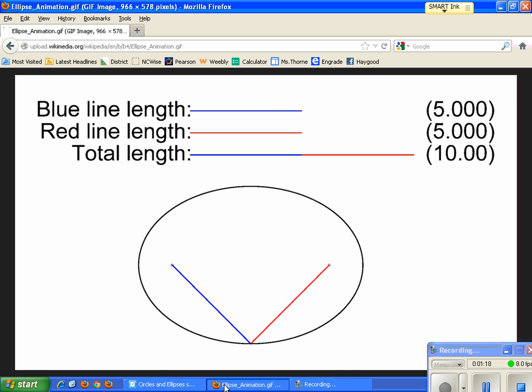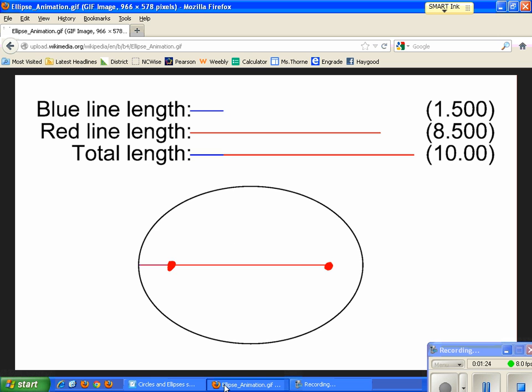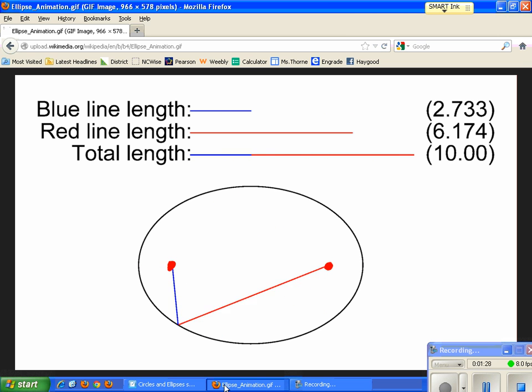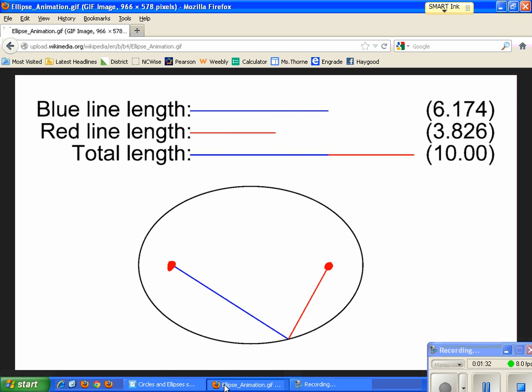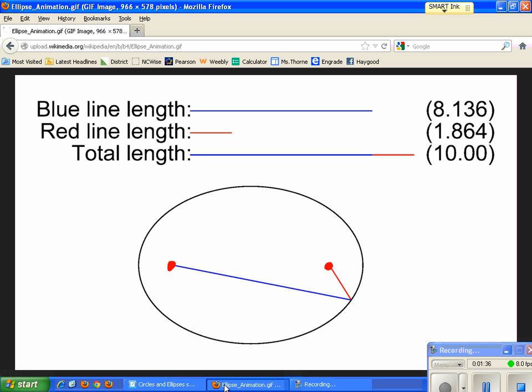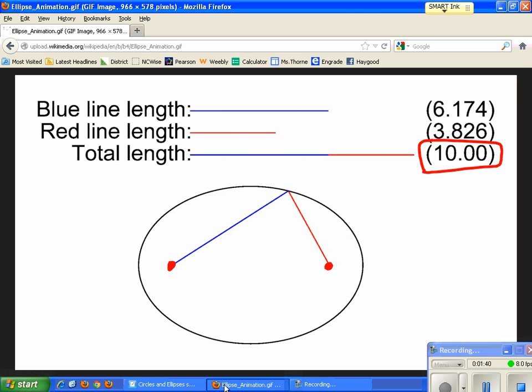So what this is talking about, here are your focal points right here and here on your graph. And so notice that as the distances for the red and blue line are changing, notice that the total length of d1 plus d2 is constant, which is this number right here. So that's the definition of an ellipse.